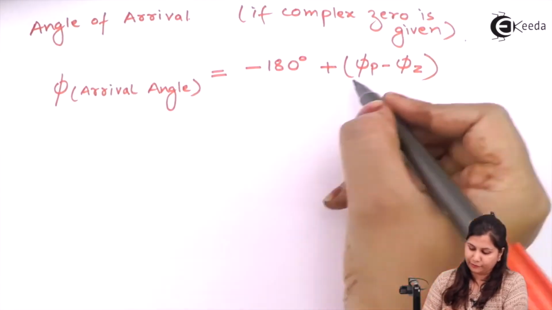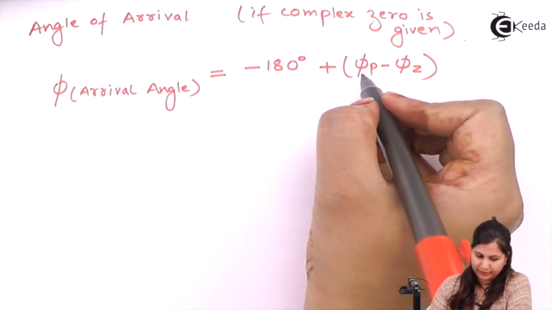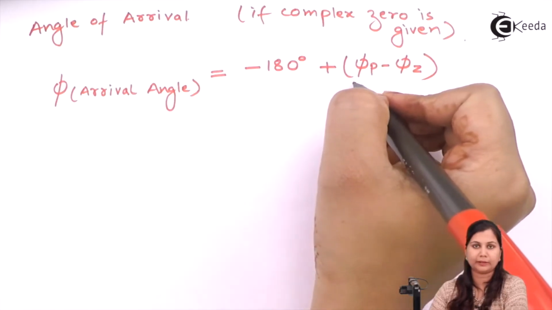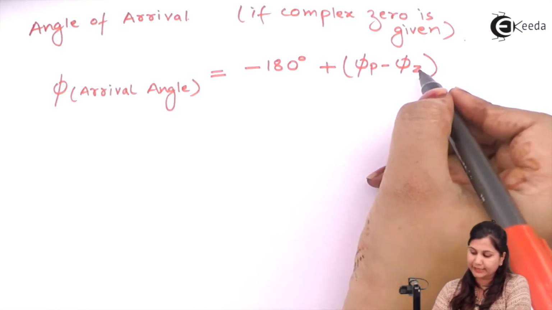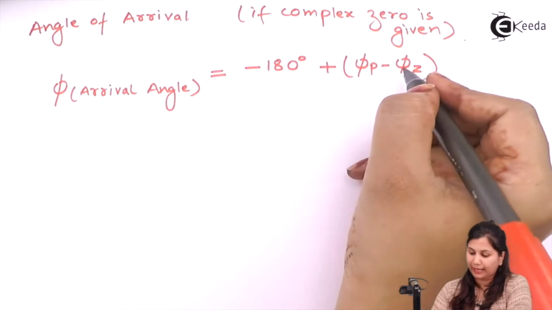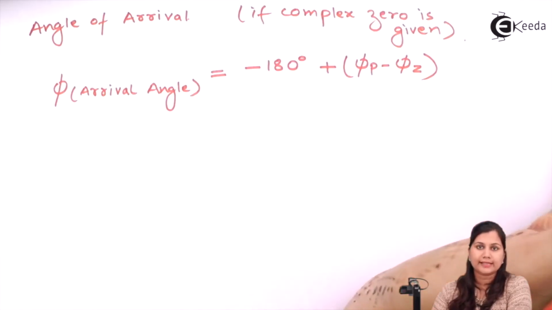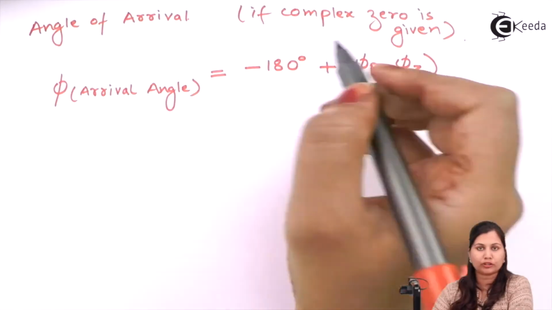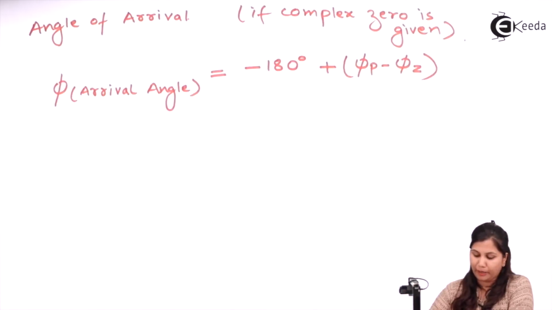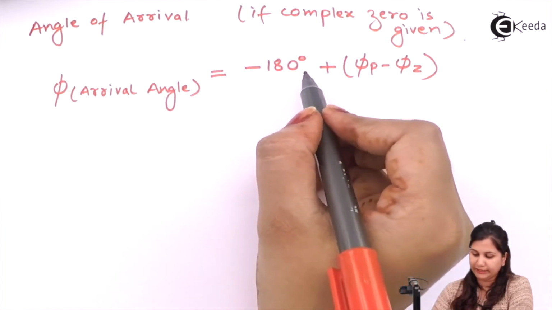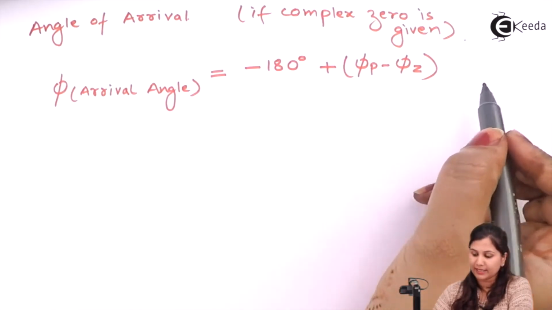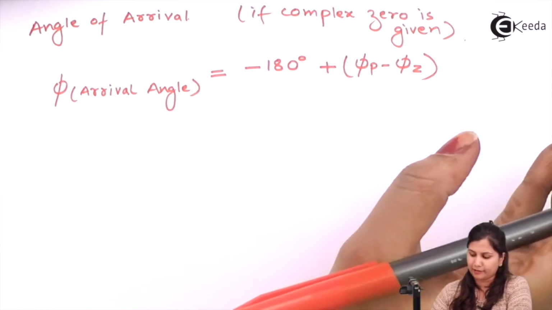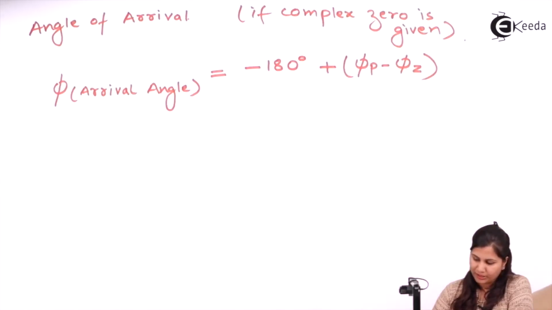So this is the formula to calculate the arrival angle. Here again phi p is the sum of all the angles subtended by the poles, and phi z is the sum of all the angles subtended by all other zeros. So the difference between both the formulas is just the sign. In the departure angle we had 180 degrees minus phi p minus phi z, and here we have minus 180 degrees plus phi p minus phi z. So just the difference of sign.